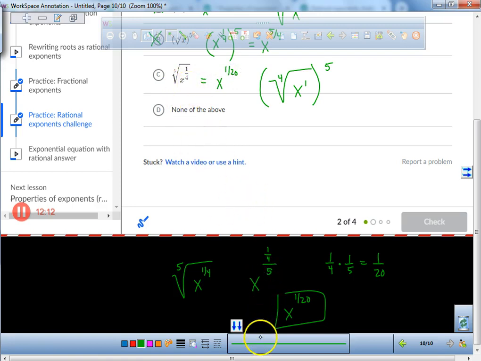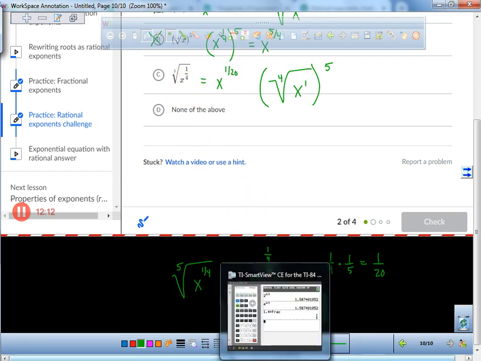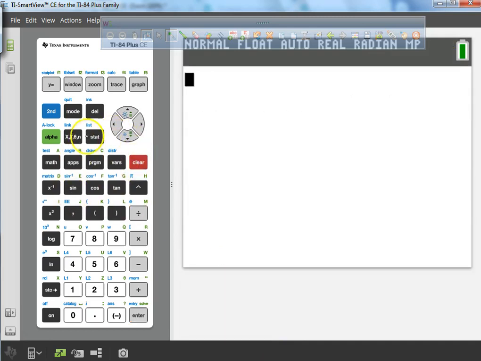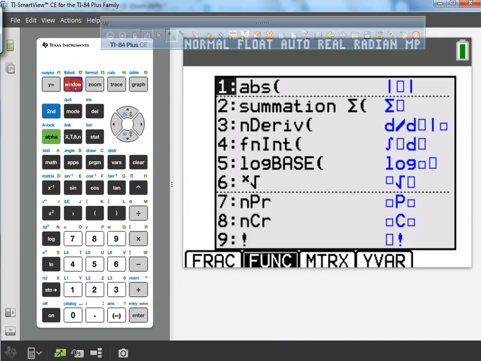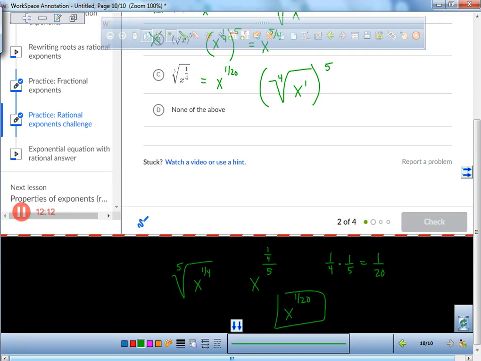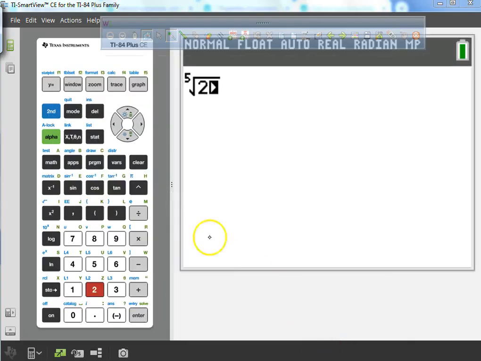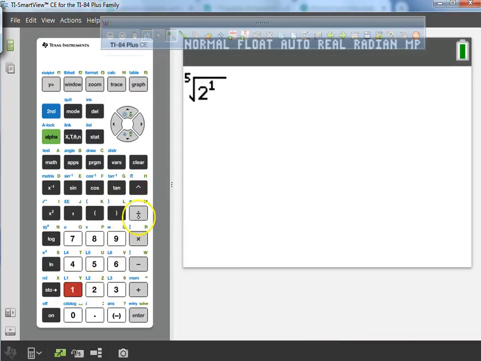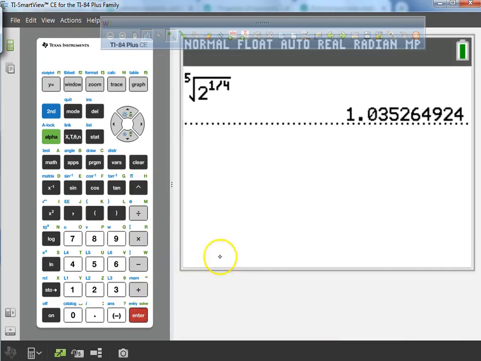Let's say x was 2. Okay, let's say x was 2. So I'm going to put, let's see here, alpha window, put a 6. All right, I'll put a 5 there, and I'll put a 2 here, and let's say it was to the power of 1/4. All right, there we go. So there's our decimal for that. So I just made x equal to 2.